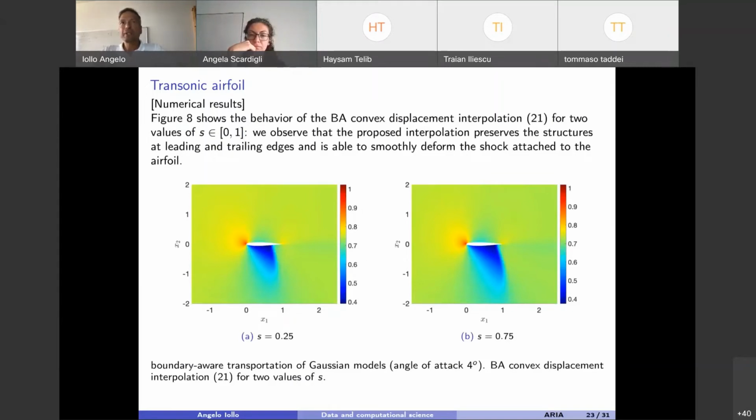Now you see interpolations, moving from snapshot 0 to snapshot 1, and we stop at 0.25 or 0.75. So these are the kind of solutions that we obtain, and already we see that now the structure is preserved. There is nothing weird going on around the boundary.